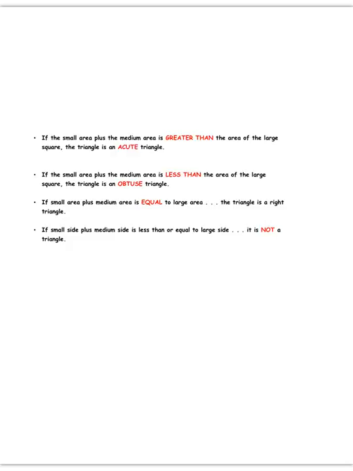Lastly, there was a fourth situation that didn't even make a triangle. That's when the small side length plus the medium side length was either equal to or less than the large side length. So for example, if I have a side length of 3, a side length of 7, and a side length of 12, these will never even make a triangle.